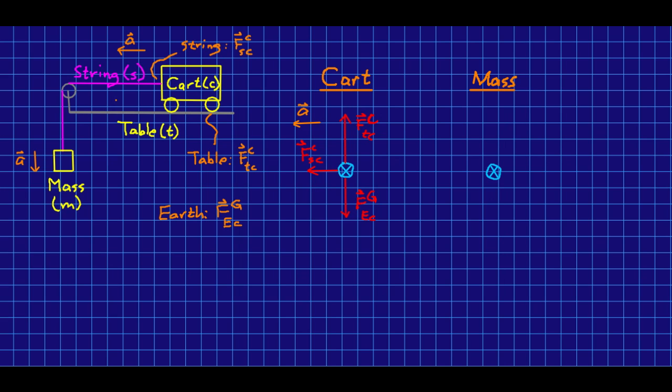Notice that I've made the string horizontal. If I hadn't, this force wouldn't be horizontal, but we certainly expect the vector sum of forces on the cart to be horizontal.